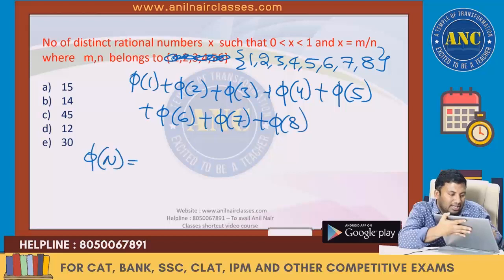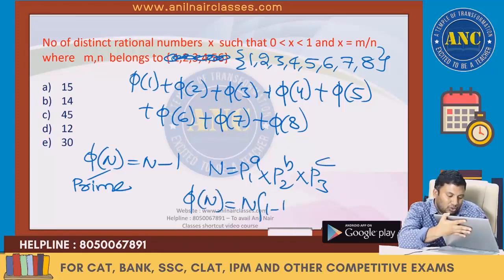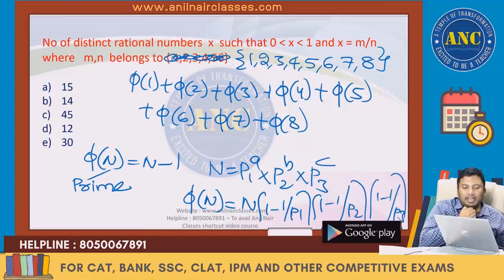Totient of n is n minus 1 if n is a prime number. If n is a composite number, p1 power a, p2 power b, p3 power c, then totient of n is n into (1 minus 1 by p1), (1 minus 1 by p2), (1 minus 1 by p3). I hope it is clear.